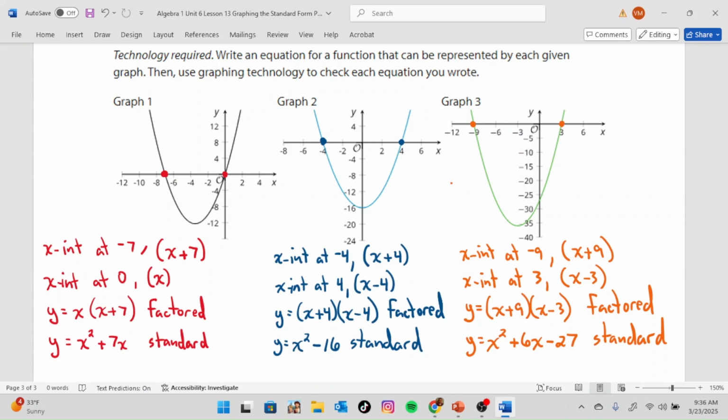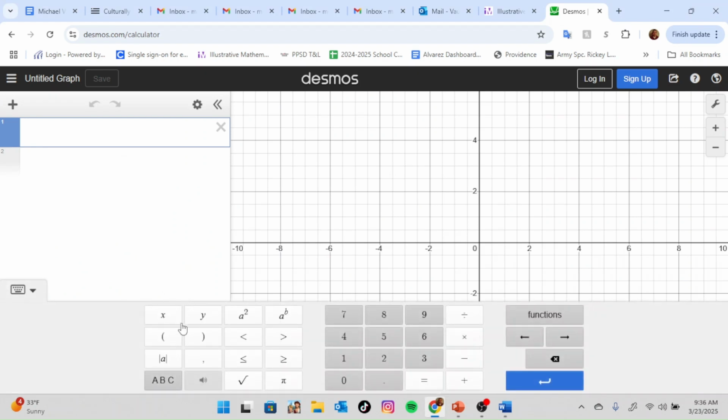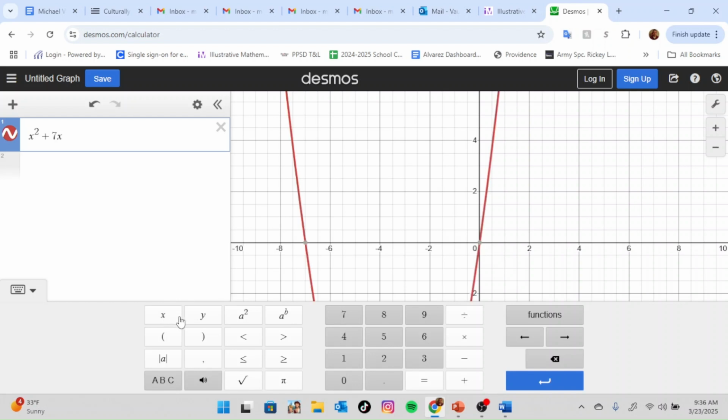Now, we can go ahead and use the Desmos calculator to check these. Our first one we said was x squared plus 7x. So x squared plus 7x.